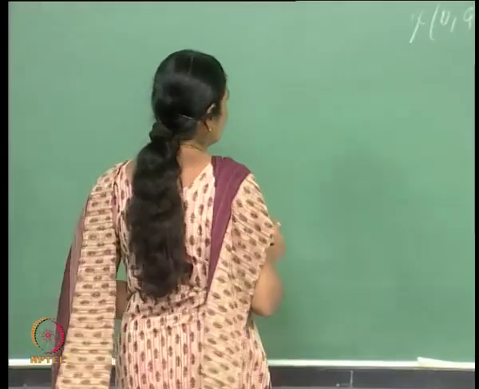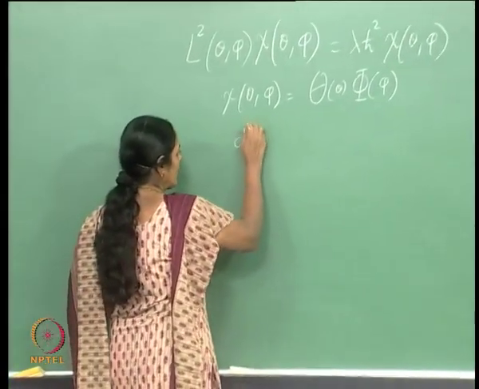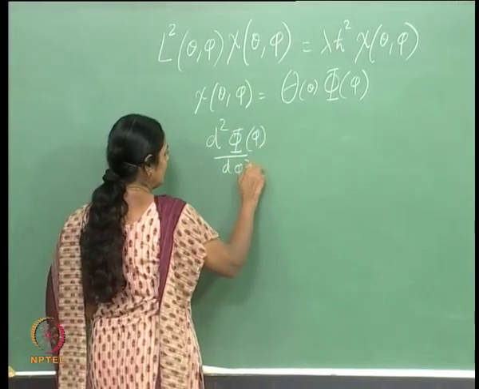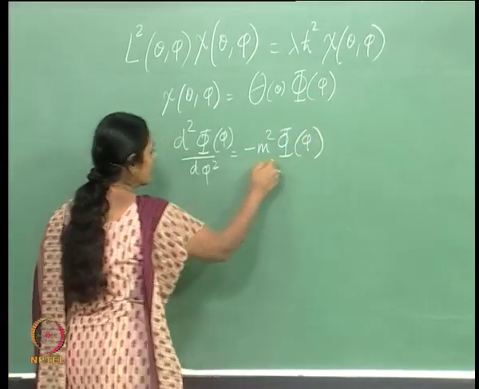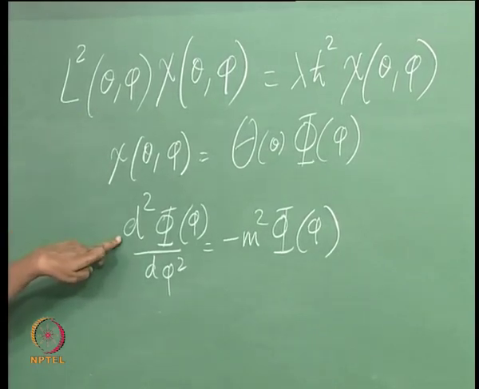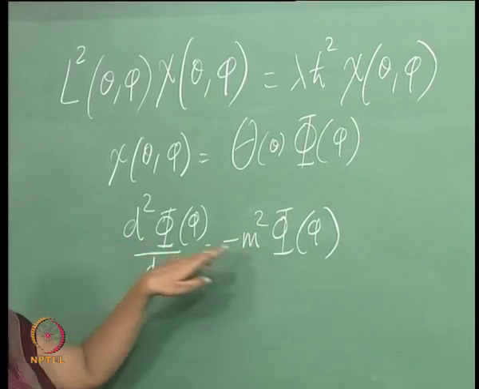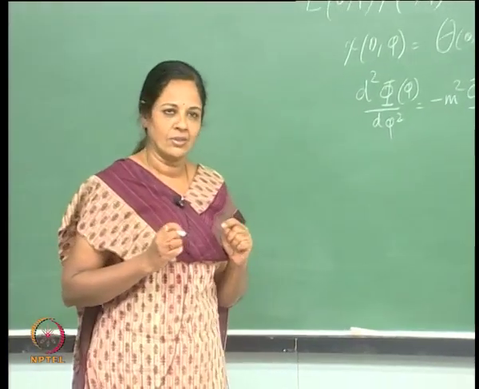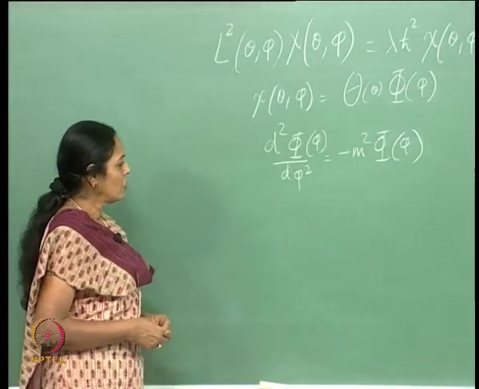But right now, I want to point out that after that is done, the equation for phi of phi would turn out to be this. Going from there to this step would be shown in a subsequent lecture, as I said, but this would be the phi equation, and I want to focus attention on this for a considerable part of this lecture.